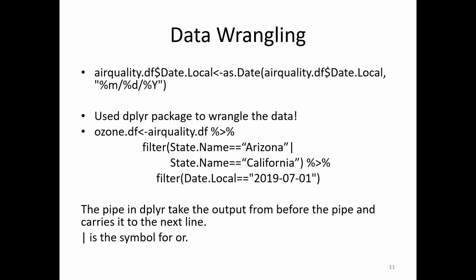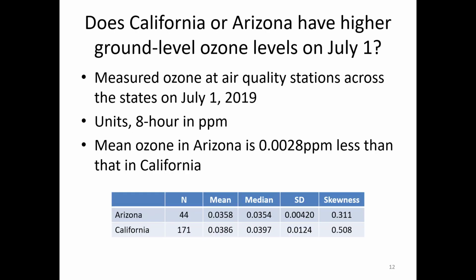And now, once we have our new data frame, ozone.df, we can run the t-test. So, does California or Arizona have higher ground level ozone levels on July 1? Probably should be past tense, but we'll just say July 1 for now. So, measured ozone at air quality stations across the two states on July 1, 2019.